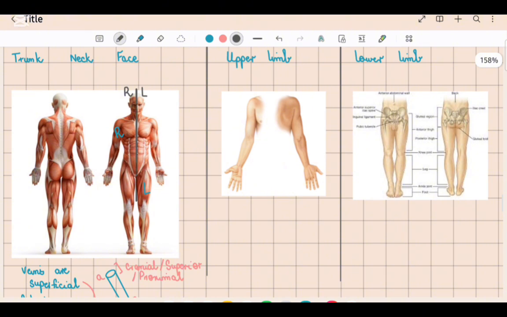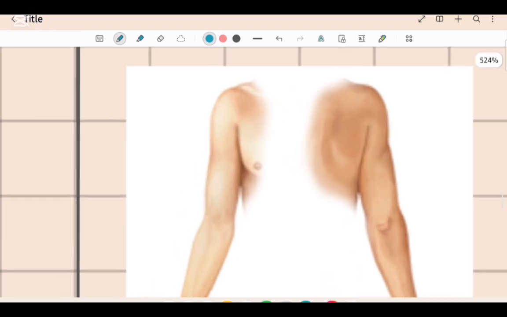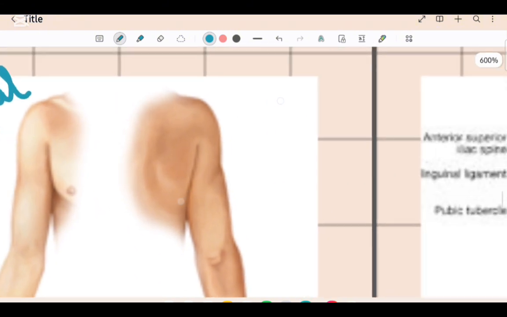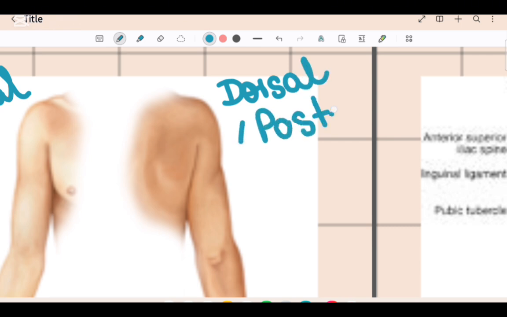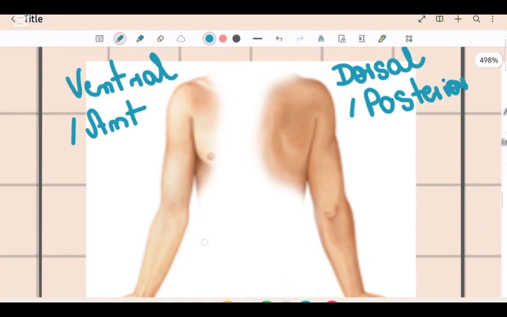Now we're going to do the upper limb. So upper limb, ventral or the anterior view, anything you are viewing from the front. Same goes here, anything you are viewing from the back is the dorsal or the posterior view of your upper limb. Okay, and now we have the medial border and the lateral border.